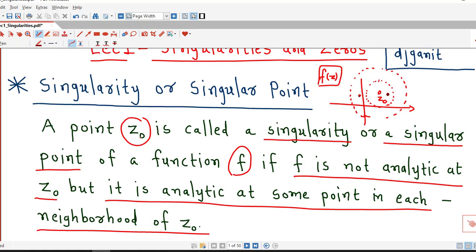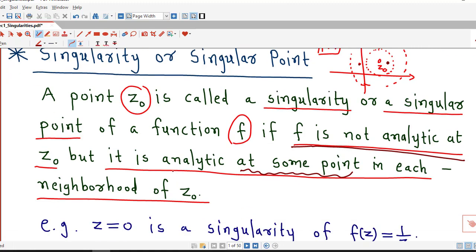So z0 is a singularity of a function f of z if the function is not analytic at z0 but the function is analytic at some point in every neighborhood of z0.